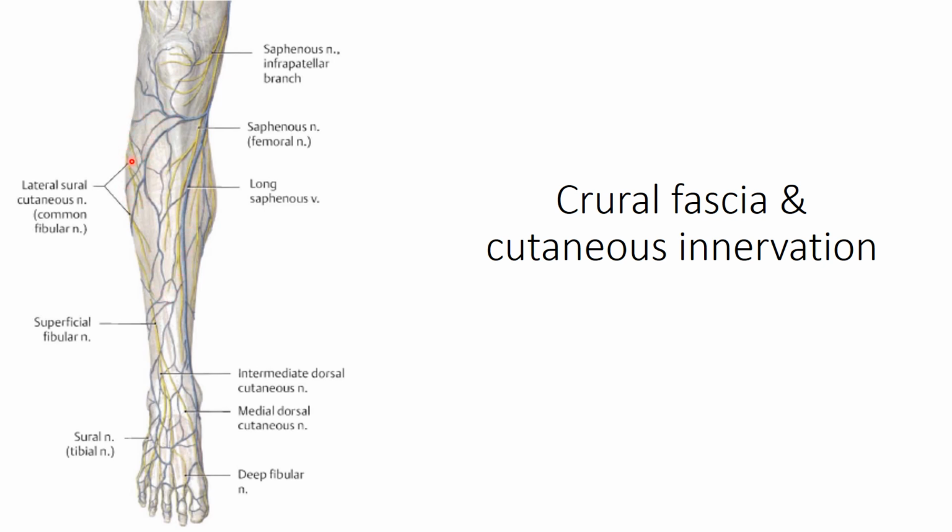And on the lateral aspect, the extensor compartment, as well as more laterally the peroneal compartment, the skin over that is supplied above by the lateral cutaneous nerve of the leg, which is a branch of the common fibular nerve, and below the mid portion of the leg, this is replaced by another cutaneous nerve, known as the superficial fibular nerve.